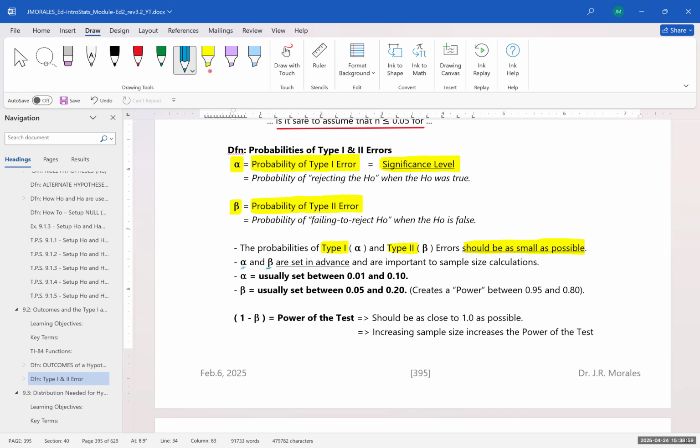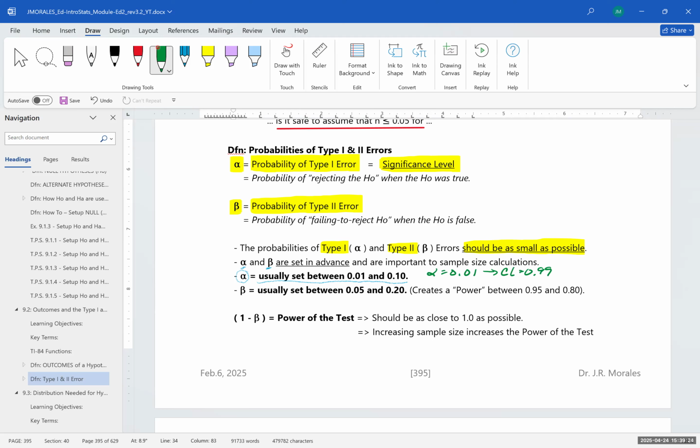Now, as you've seen already, the significance level is usually between 1% and 10%, right? If the significance level is 1%, then the corresponding confidence level would be 99%.